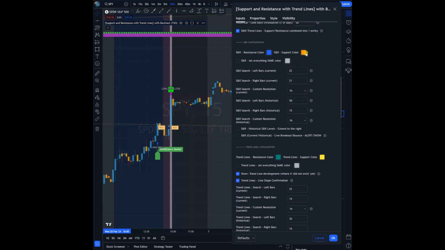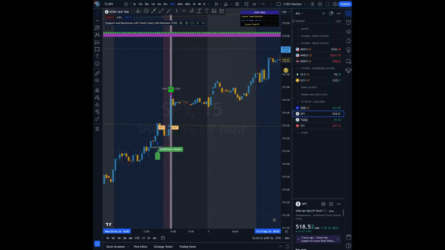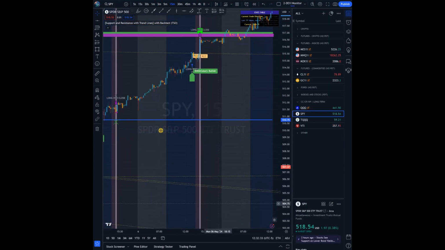So next is support and resistance configurations. Here are the colors. You can set everything the same color. This is the left and right bars, the pivot bars, basically how far the pivots should be calculated. The bigger this number is, the bigger the support and resistance levels are.